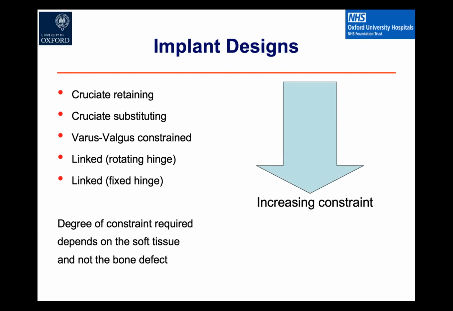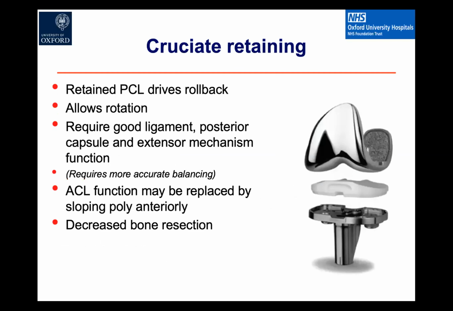So that's separate. Example of cruciate retaining implants, the retained PCL, if it's functioning normally, drives your rollback and allows rotation. It requires a good ligament and a posterior capsule and extensor mechanisms to be functioning well. Requires more accurate balancing. I think every knee replacement requires accurate balancing.